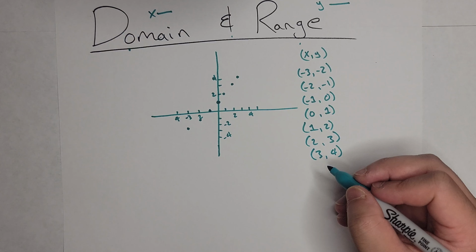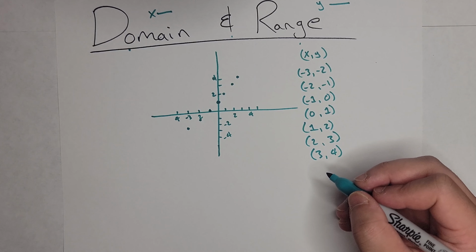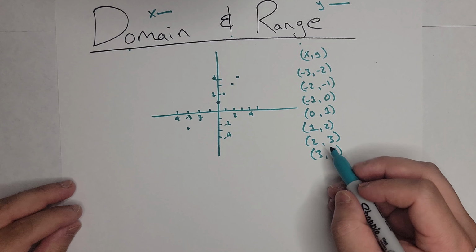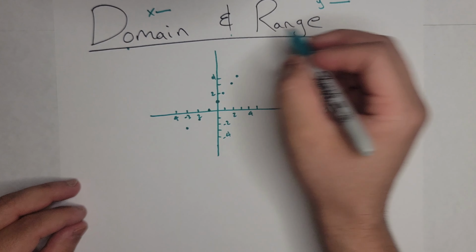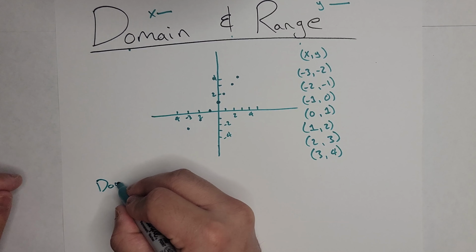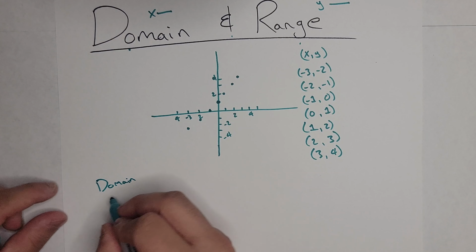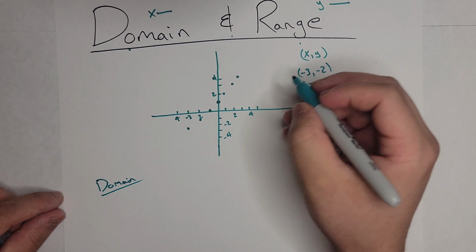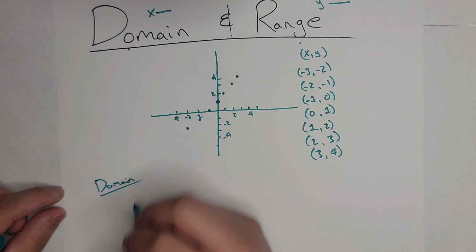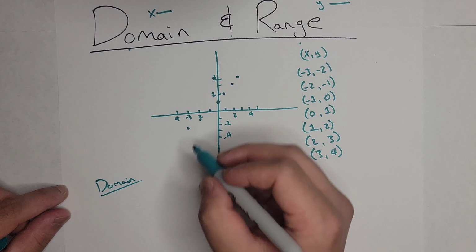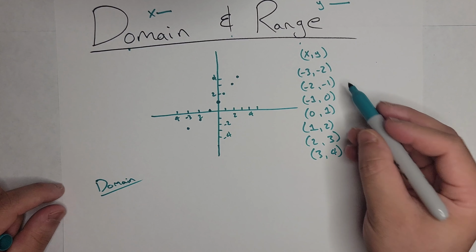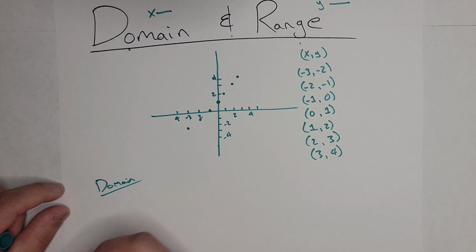So now we're going to basically write the rules for domain and range. Let's start with domain. The domain for this is basically what are our x values allowed to be in this particular set. This is a limited set, so we only have these 7 points.